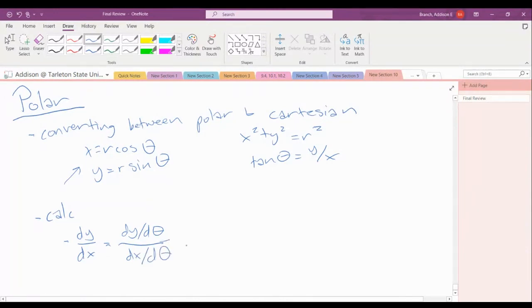But that is going to be equal to dr/d theta sine of theta plus r cosine of theta, over dr/d theta cosine of theta minus r sine of theta.